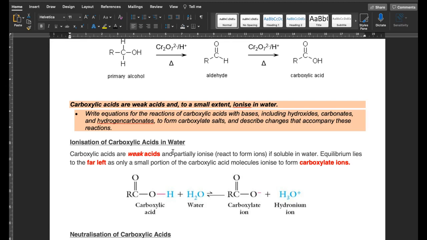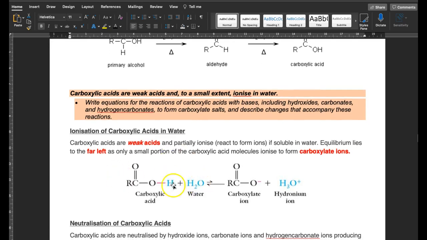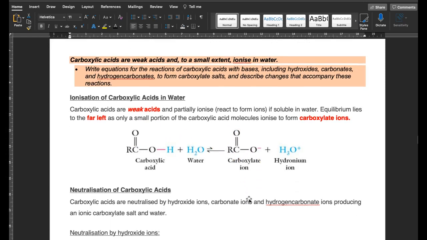Remember they're fully ionized in the presence of a strong base, but in water, and that's what we talk about here, they're only going to partially ionize. So that means in terms of equilibrium, that the equilibrium is actually lying to the far left, meaning that the forward reaction is not really favored. So we're going to have a bit of this forming, but not a lot in water.